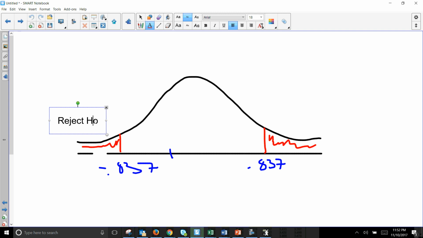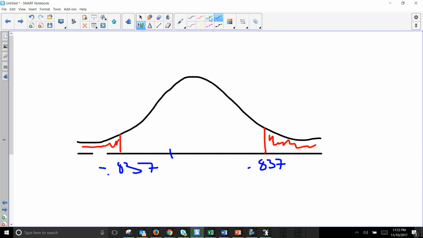From our test statistic, we can take a look at the tails. The combined total of the probability in these tails is going to be my p-value. So if I were to add these both together, I would get my p-value.